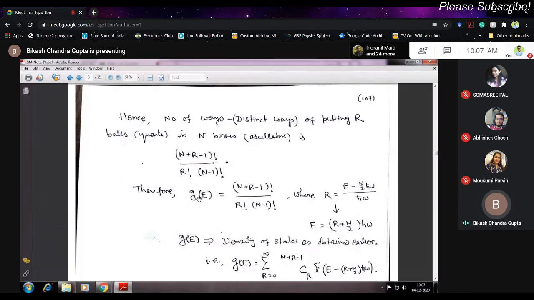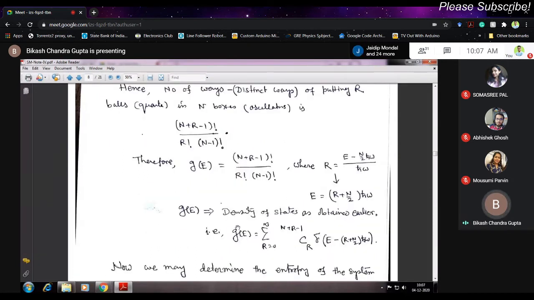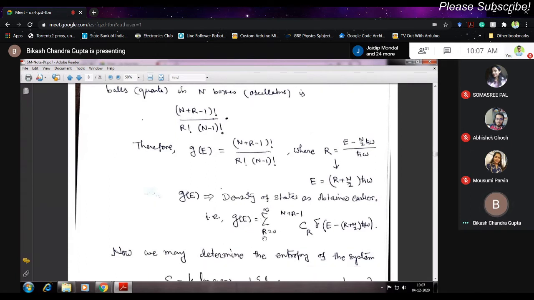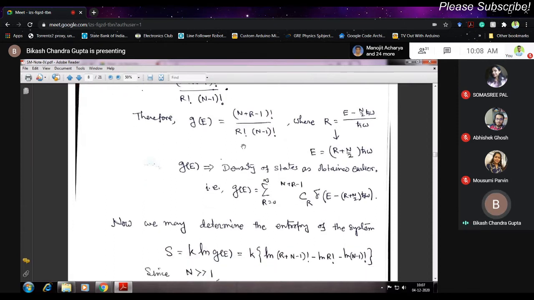So the density of states is this, and R is this, and therefore we recall the earlier expression that G E is the sum over R from 0 to infinity of delta C, this, and delta E, this. Of course this gives you this. If your R is defined, then certainly you will have this value.